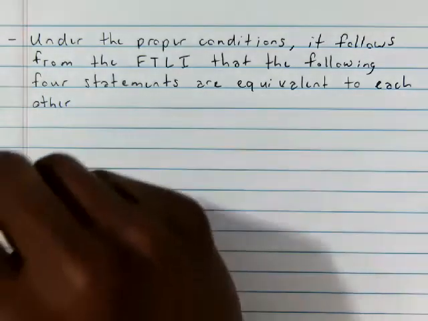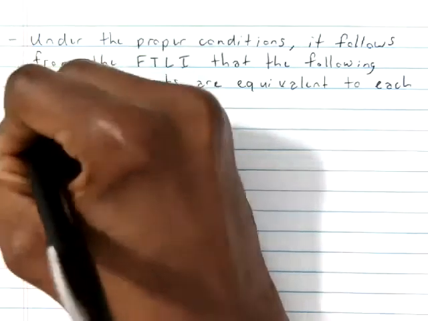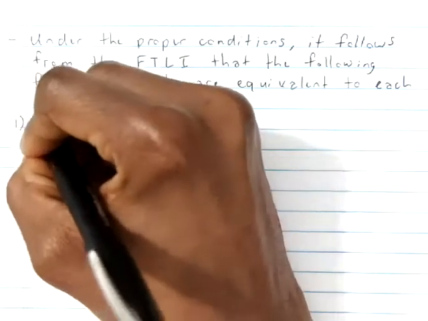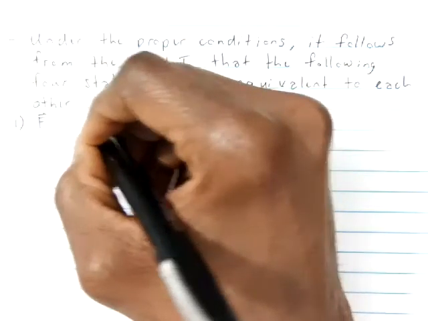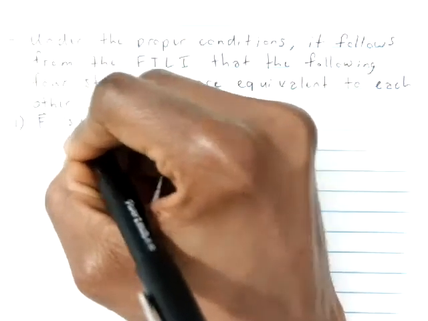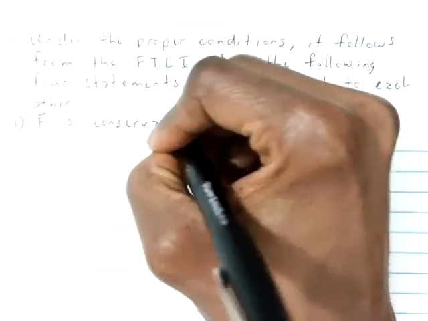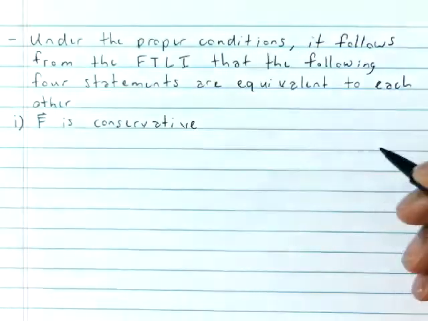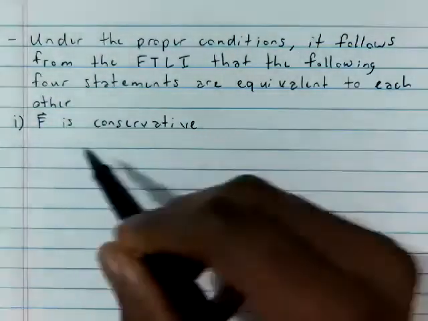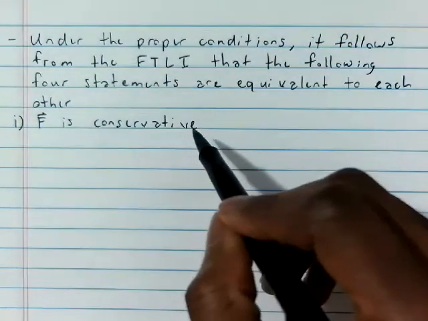All right, so the four things that are equivalent are: one, vector field F is conservative. And again, I want to reiterate here that F is conservative does not mean that the curl of F is equal to 0.